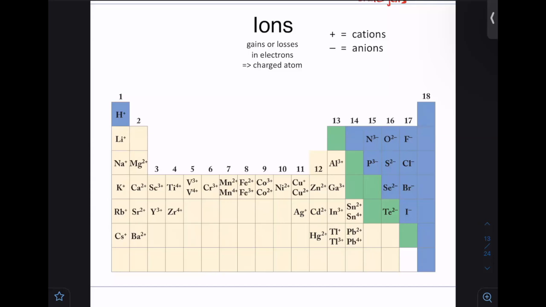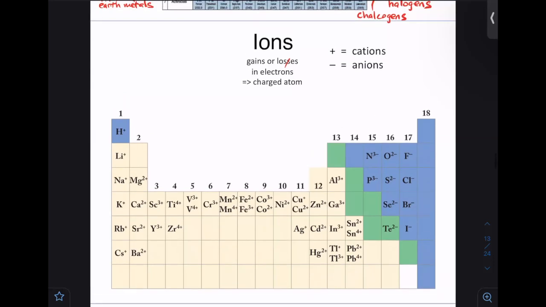When things gain or lose electrons relative to the number of protons, okay? Because remember, if we're talking about ions of the same element, the number of protons stays the same. And the protons have the positive charge and the electrons have the negative charge, okay?